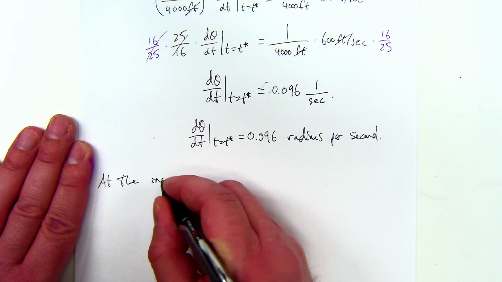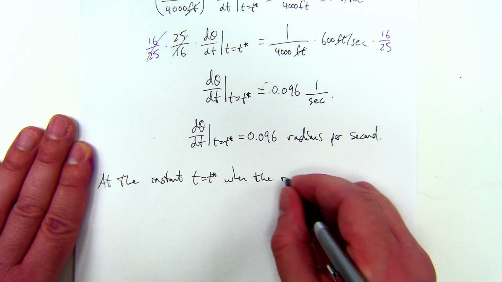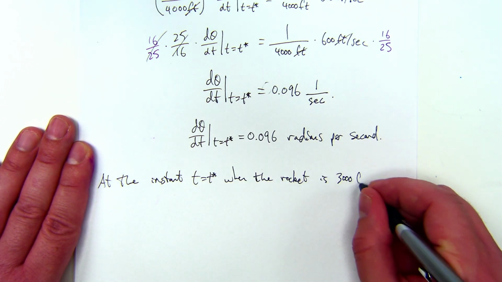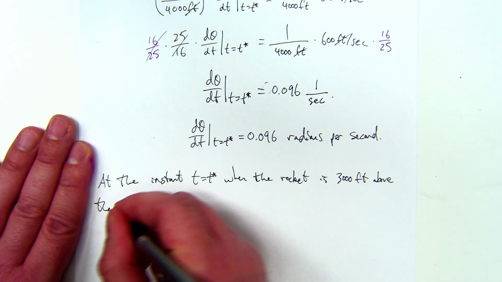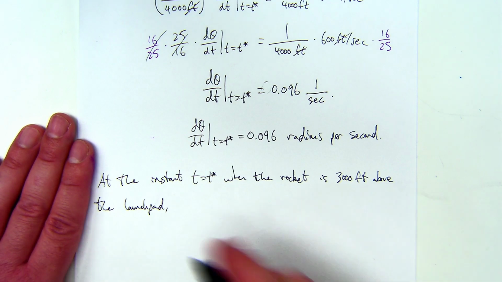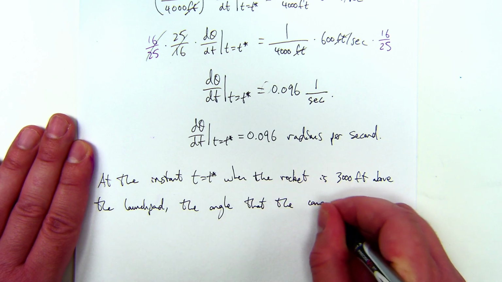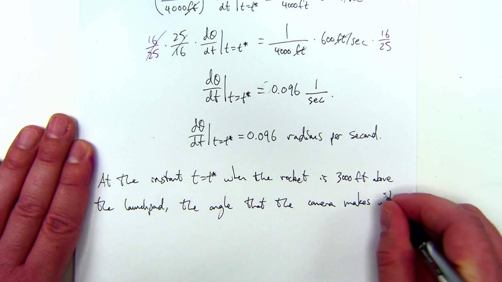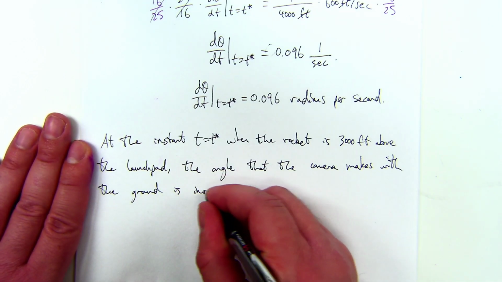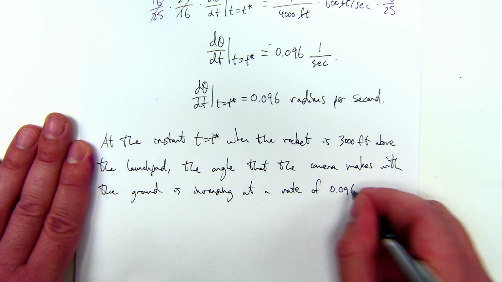At the instant t equals t star, when the rocket is 3,000 feet above the launch pad, the angle that the camera makes with the ground is increasing at a rate of 0.096 radians per second.